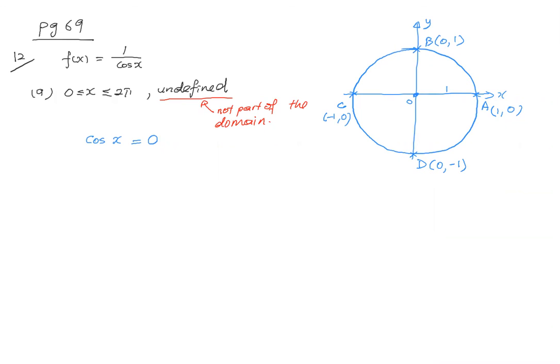When the radius is on the x-axis here, what is the angle? 0. So we know that the x coordinate represents the cos of the angle, am I right?